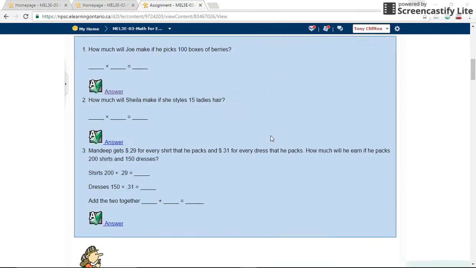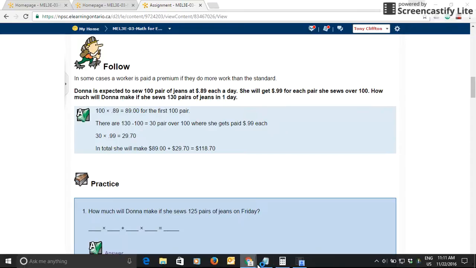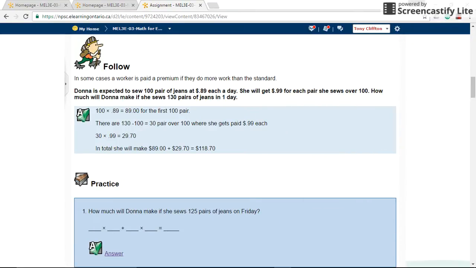Okay. The next topic in this section is what if a person, in some cases, a worker is paid a premium if they do more than the standard work. So Donna is expected to sew 100 pairs of jeans at 89 cents a day.